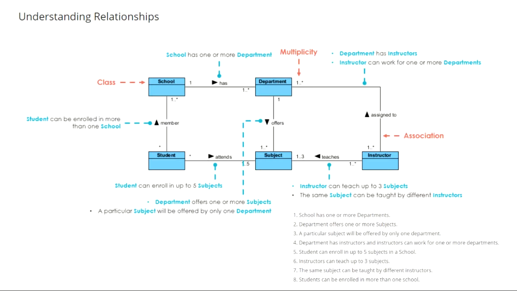Let's see this diagram. This will clear much of your doubts. Before that, let me remind you regarding the multiplicity. Suppose this was a student class, and this was a course class.